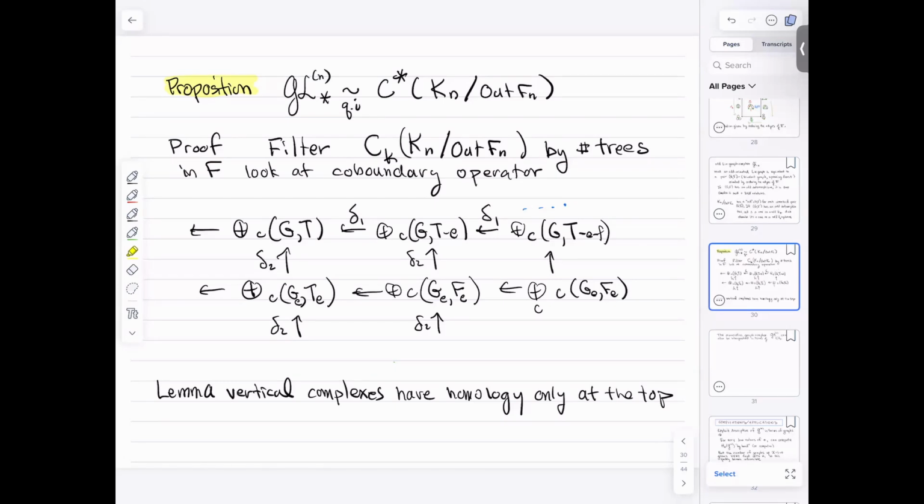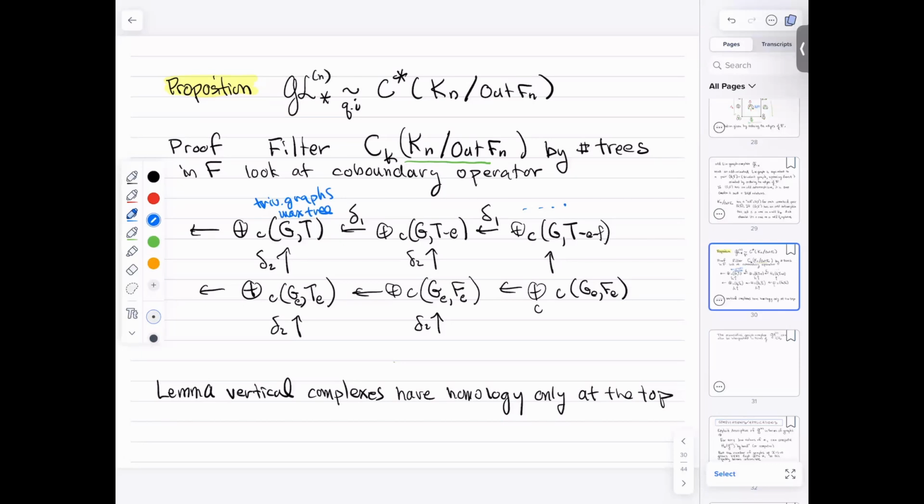Remember, K chains were graphs with K vertices. You can also count the number of trees in the forest, and that gives you a double decomposition of the chain complex for this. So this is trivalent graphs with a maximum tree.